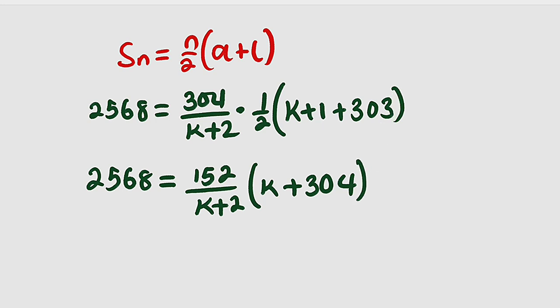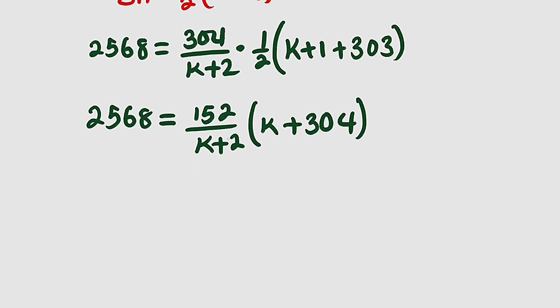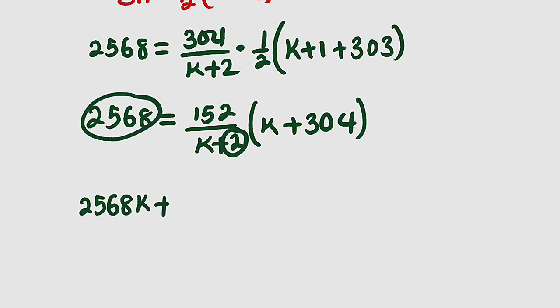I think we can cross multiply. We take k times the whole of this, which gives 2568k, plus 2 times 2568, which gives 5136.